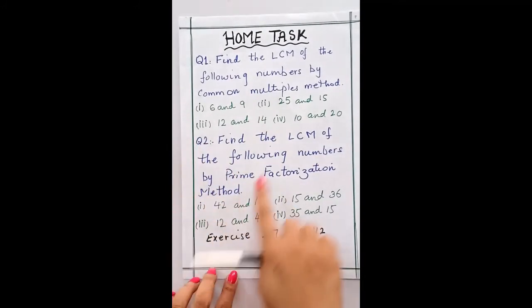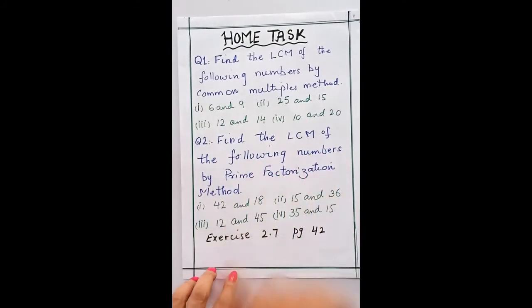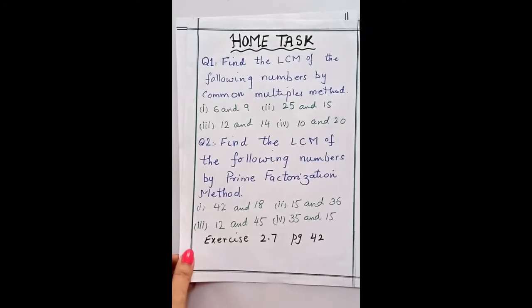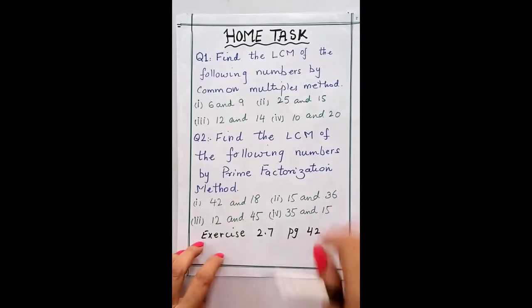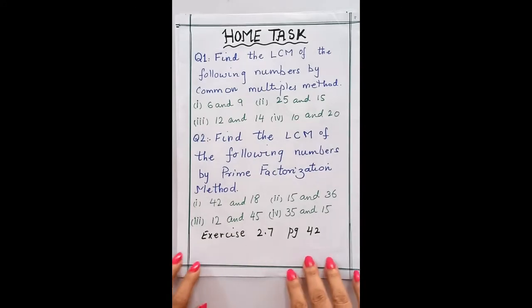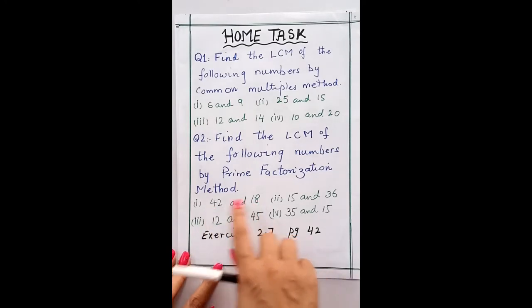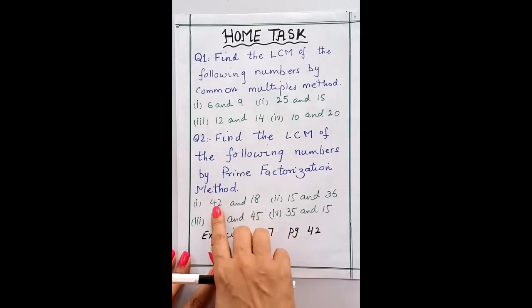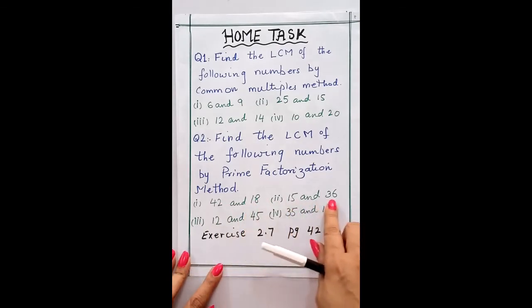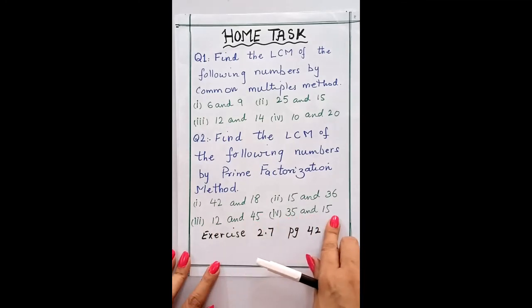Question number 2, find the LCM of the following numbers by prime factorization method. This is also called division method, as you have already learned about this. Question number 1, 42 and 18. Then 15 and 36, then 12 and 45, and number 4 is 35 and 15.